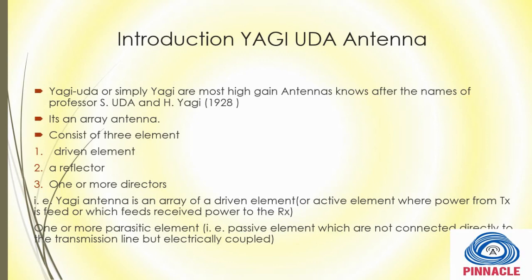Yagi antenna is an array of a driven element or active element where power from the transmitter is fed, or which feeds received power to the receiver. One or more parasitic elements, that is passive elements, are not connected directly to the transmission line but are electrically coupled. The driven element is nothing but a resonant half-wave dipole, usually of metallic rod, at the frequency of operation.